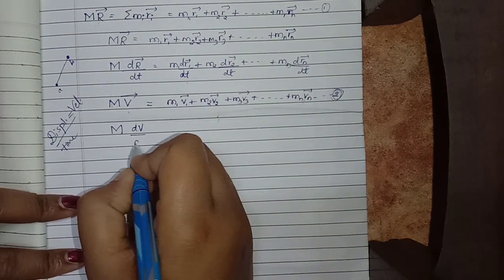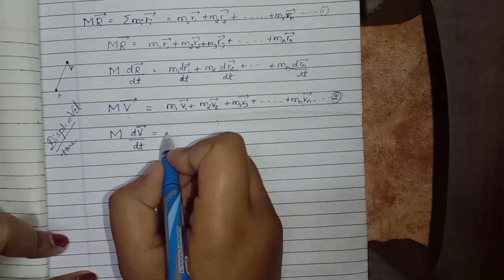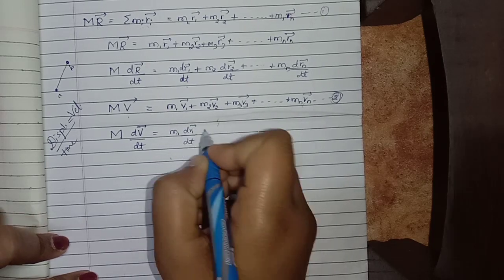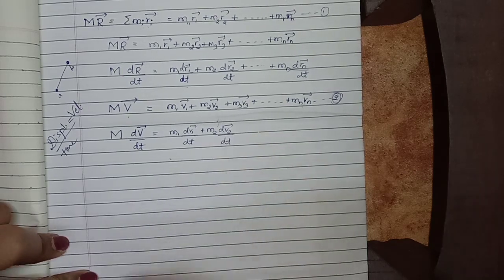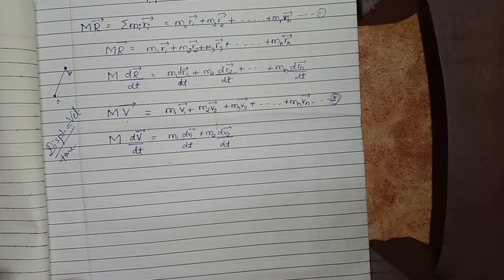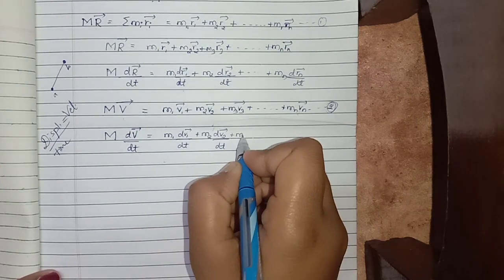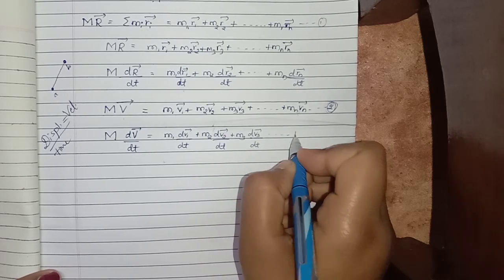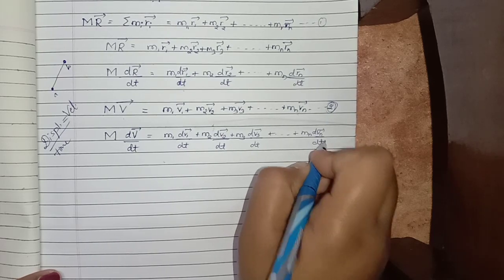On the left we get m dV by dt, and similarly on the right m1 dv1 by dt plus m2 dv2 by dt plus m3 dv3 by dt and so on up to mn dvn by dt.